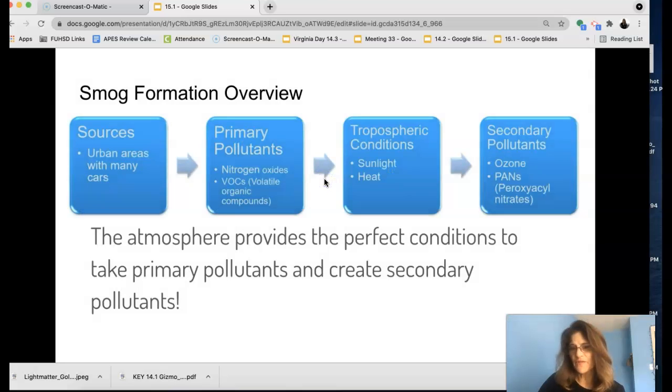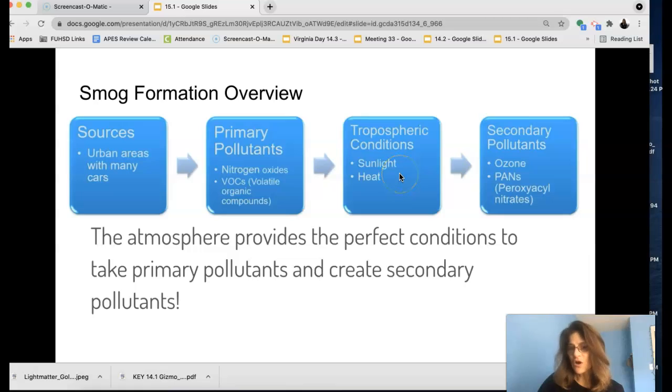So here's an overview of how smog, which is a terrible form of pollution with many negative health impacts, is formed. You're going to get a lot of smog in urban areas where there are a lot of cars. So think San Francisco, Los Angeles, Mexico City, for example. And these two primary pollutants, nitrogen oxides, which come from cars, and volatile organic compounds, which also come from cars, but they can come from natural sources like certain trees as well.